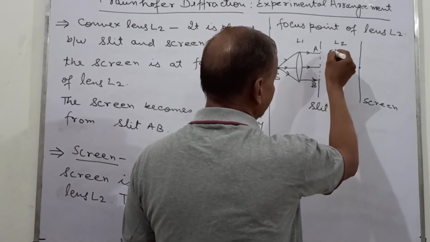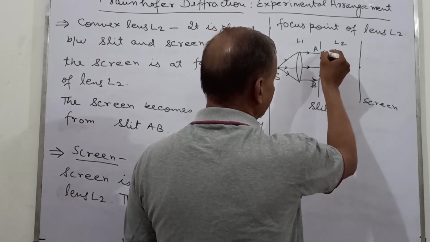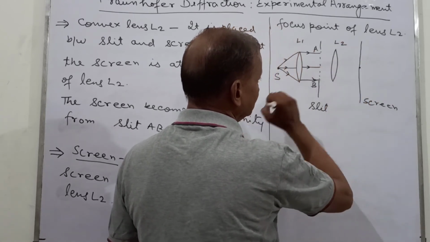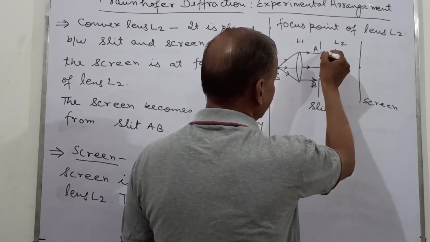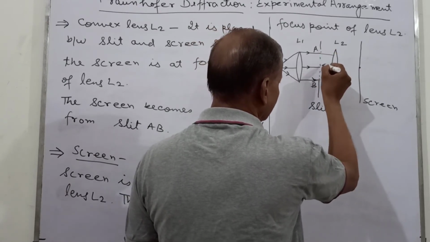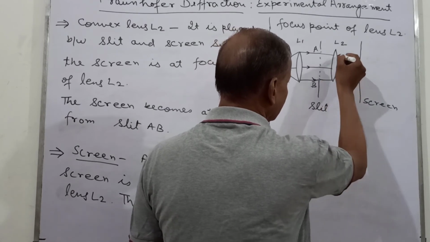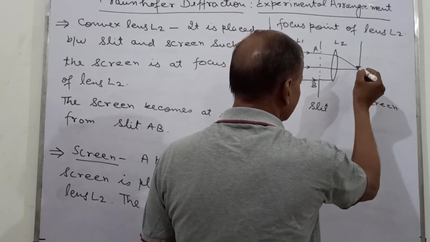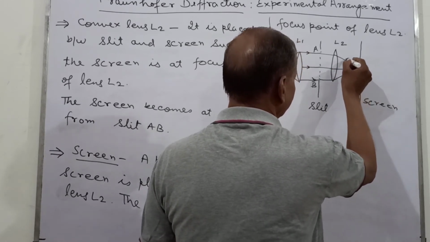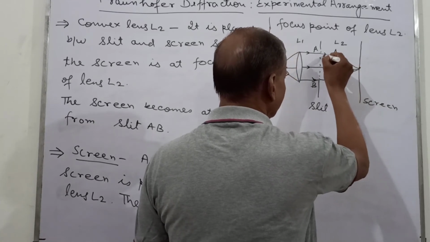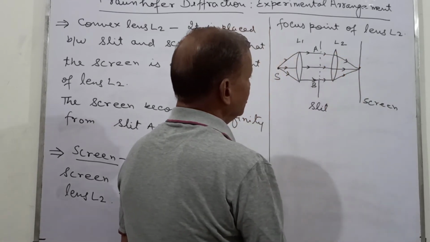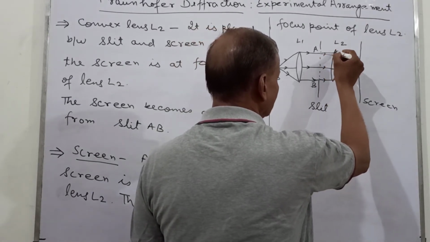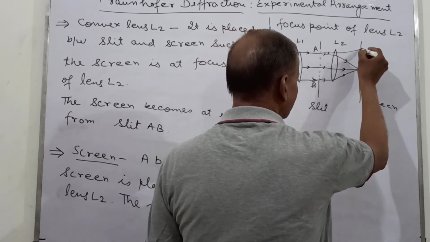Light rays are diffracted from this one and they reach the focus at this point O. Now when they are diffracted at some angle, they reach another point on this screen.